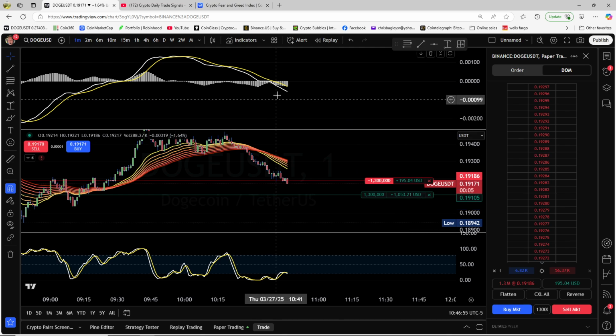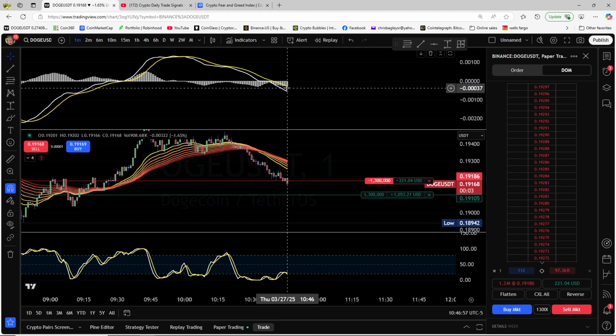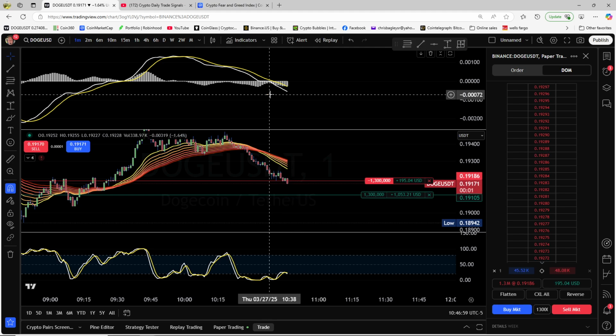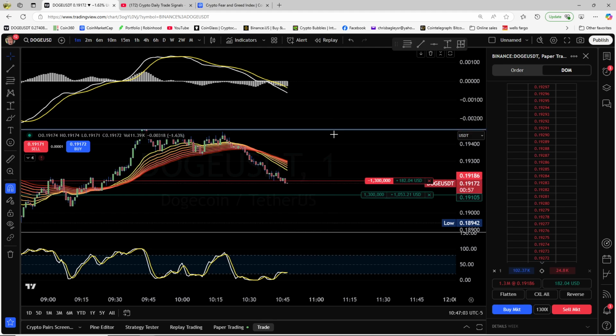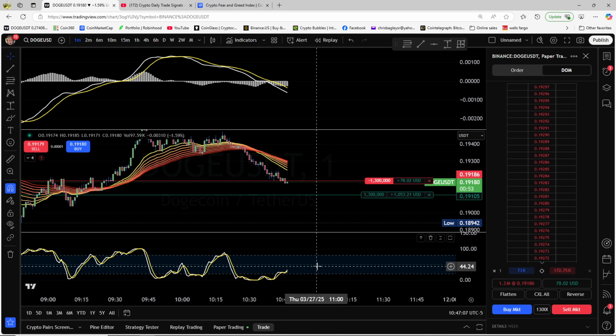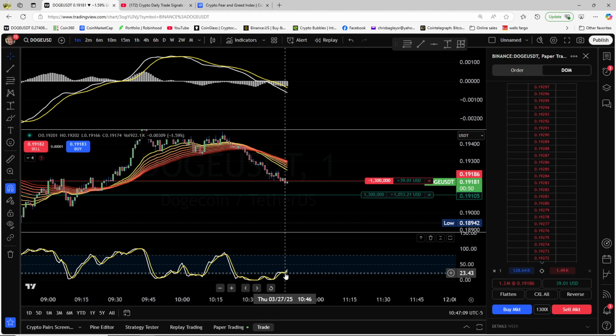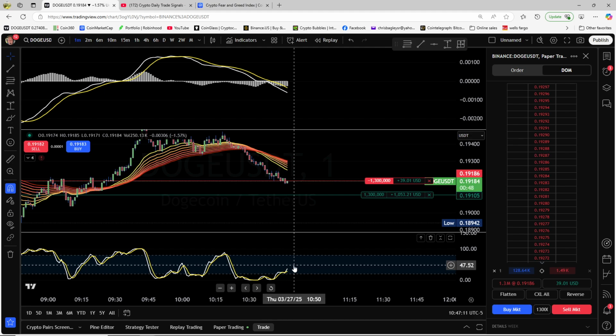Well, up here on the MACD, your columns are getting longer to the downside. The white and yellow are both going down with white on the bottom. Big issue right now is that our stochastic is trying to go up to overbought territory. So we might be waiting for a while.